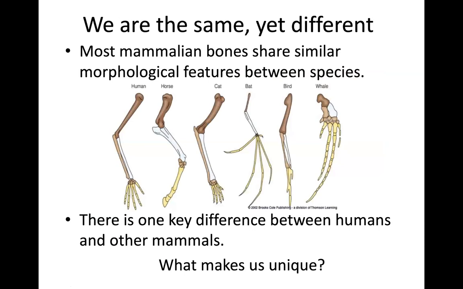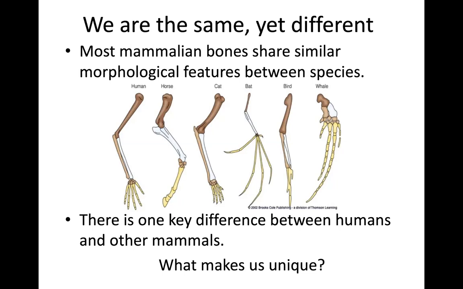So now we start to get into what makes us different, what makes us unique. As you can see from this picture, a lot of mammals share similar morphological features. We have arms, we have a hand or a foot that has similar parts, same number of bones to a certain extent, depending on the species. And so everything kind of looks a little bit the same.